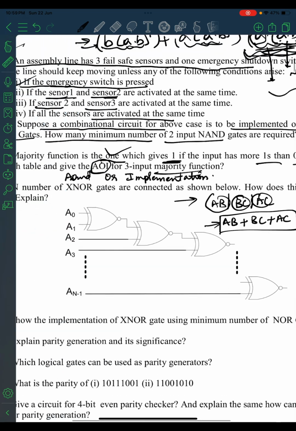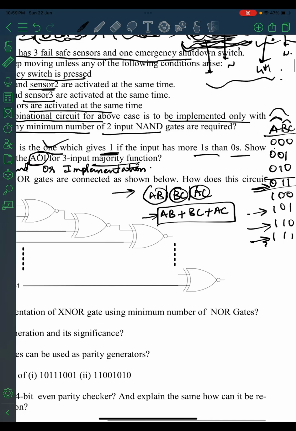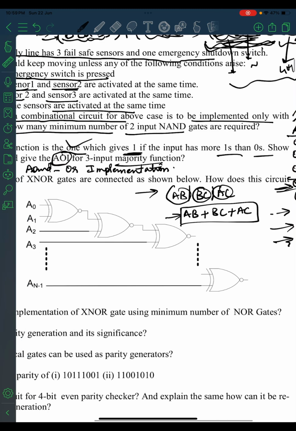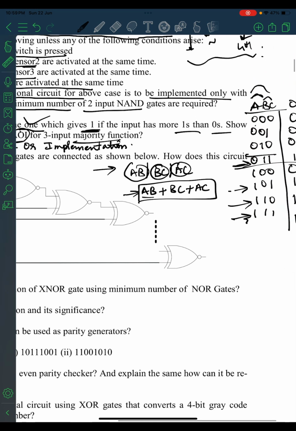Now what he is asking is the AND-OR implementation for the three-input majority function. So this is an AND, this is an AND, this is an AND, this is an OR, this is an OR. So basically we need five gates in total: three ANDs and two ORs to represent this function.